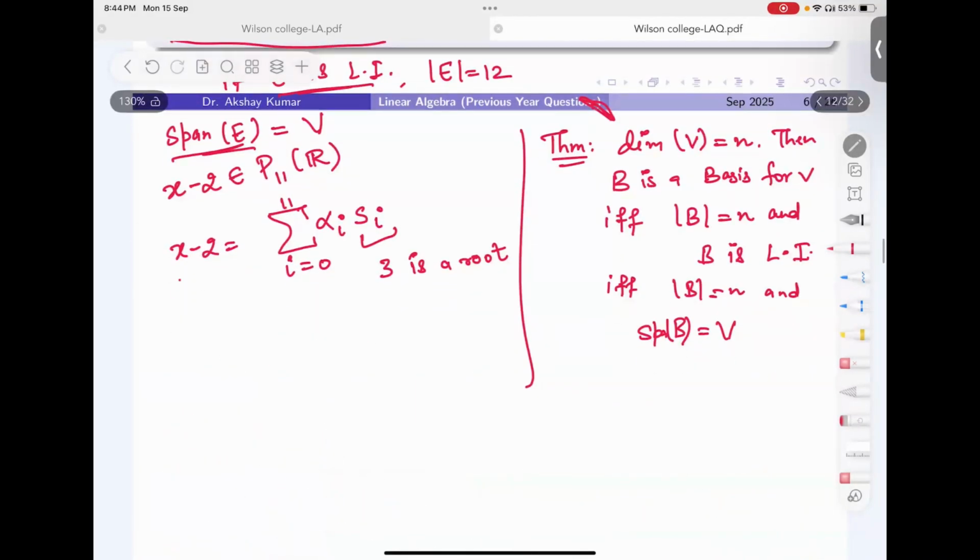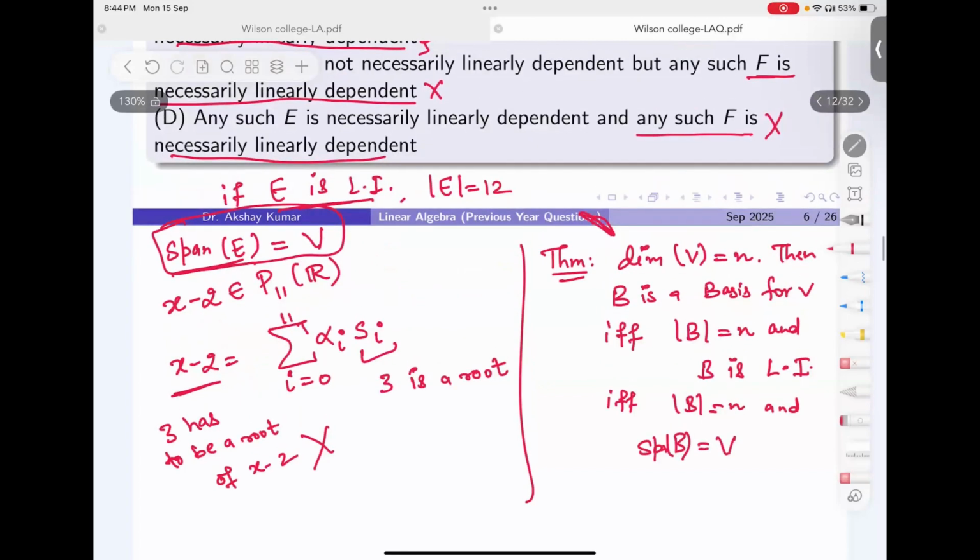So what can you say about this? 3 has to be a root of x minus 2 also, but that is not true. So this cannot be a spanning set, and this cannot be linearly independent.